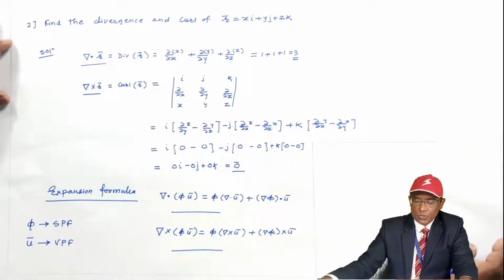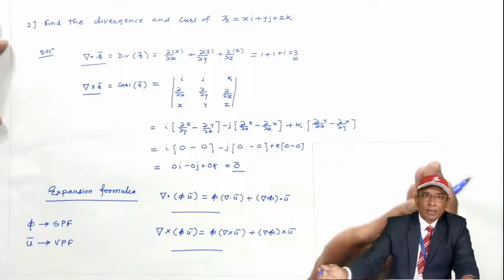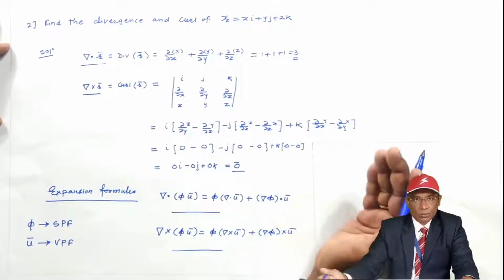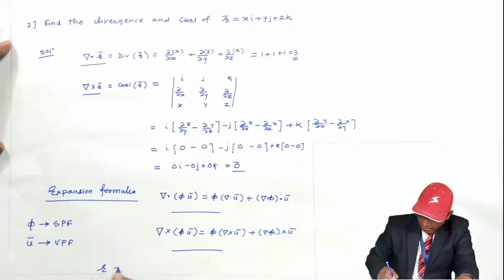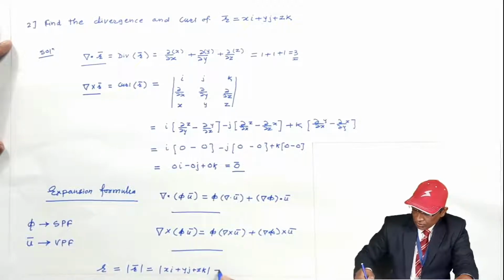Vector identities means problems involving del cross and del dot. Here r is the magnitude of r bar, the magnitude of xi plus yj plus zk, and this is the square root of x square plus y square plus z square. The magnitude of a vector is written like this.